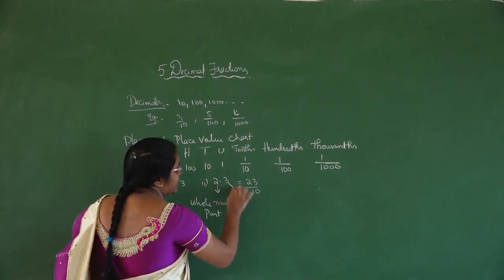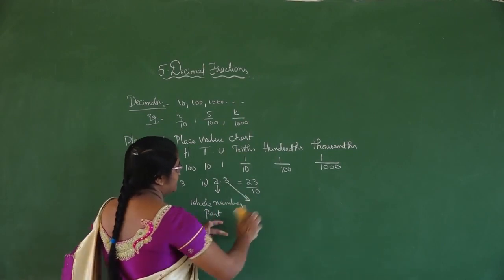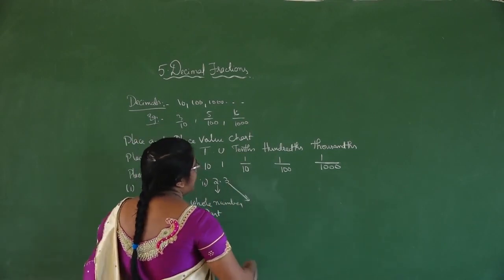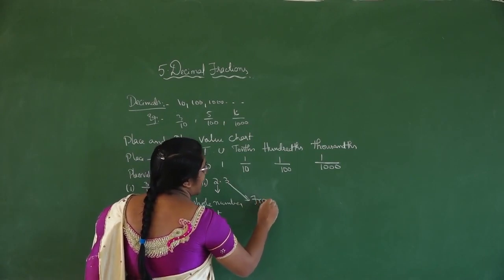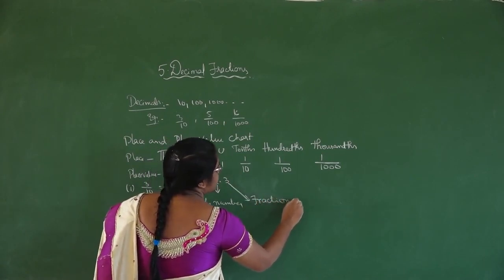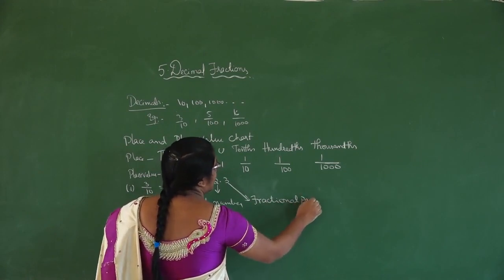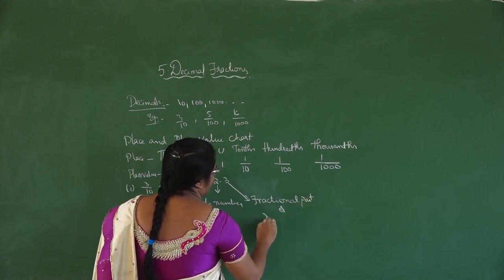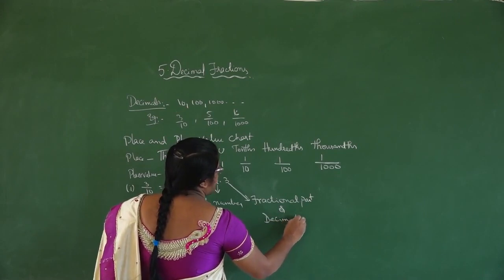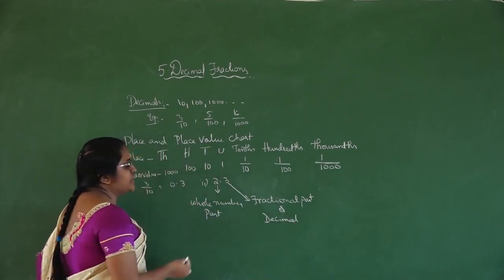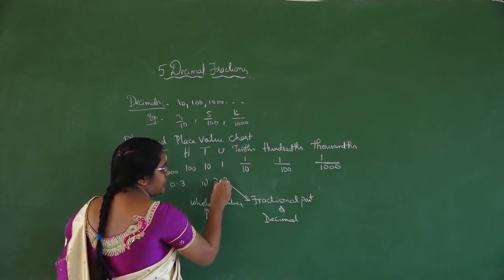And the second, this 3, is called the fractional part or decimal part. This dot is called the decimal point.